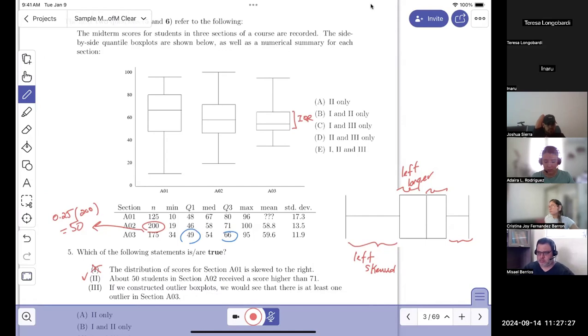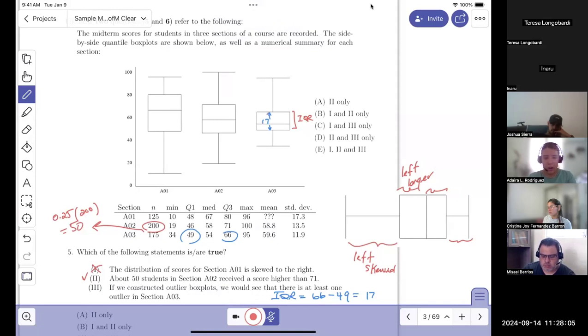So we can calculate the IQR. What do you get? 17. So the IQR here is 17.